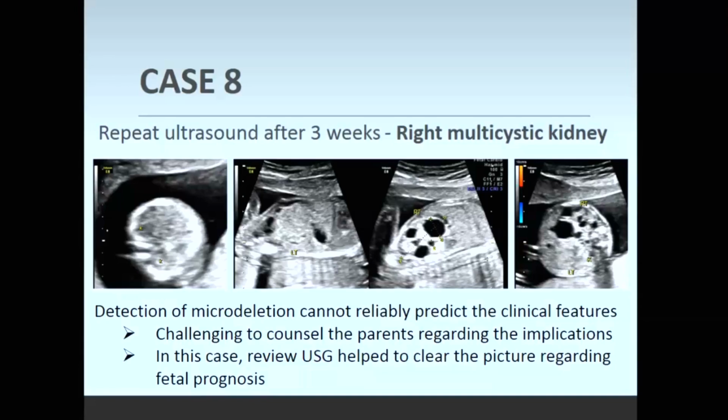But for this type of microdeletion, where a lot of information is already known, two important points are that many of them are de novo and some are inherited from a normal parent. So testing the parents is not going to add information about outcome.